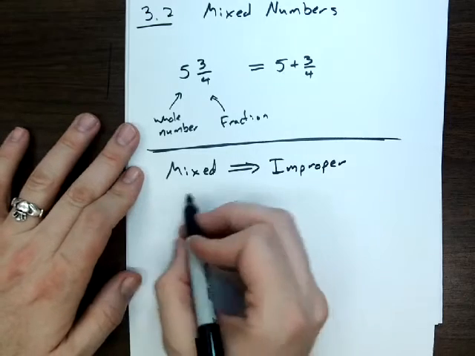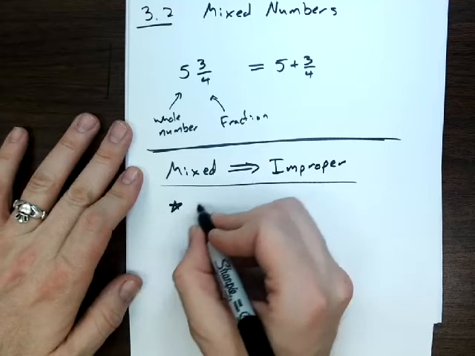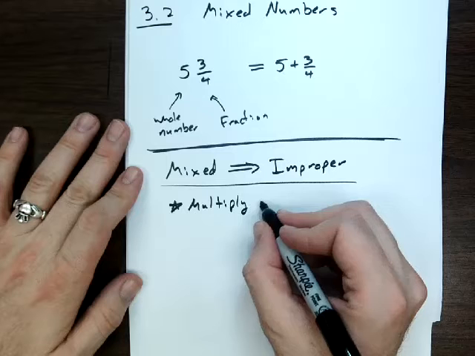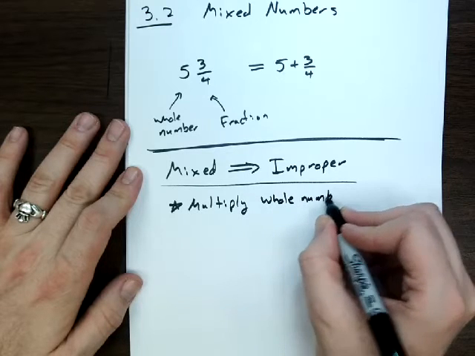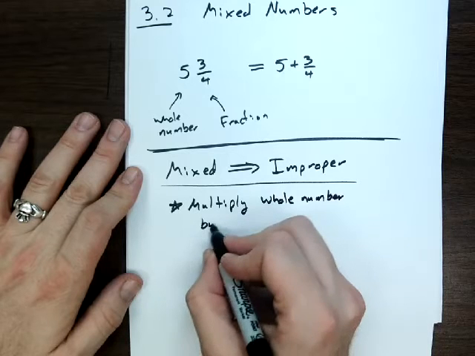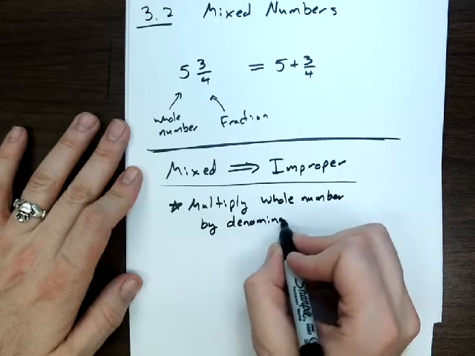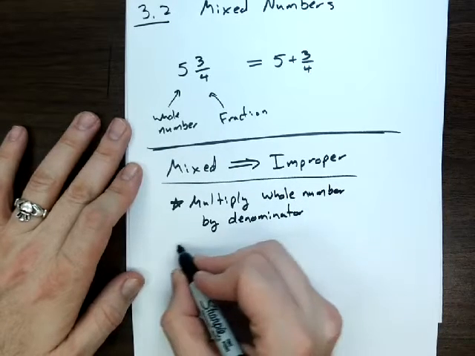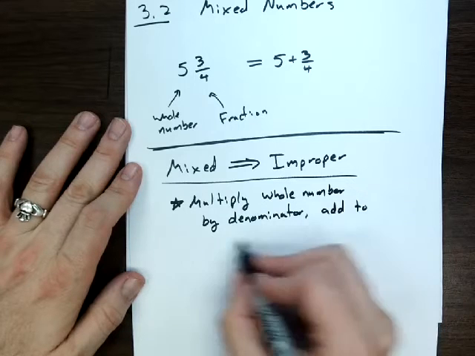But here's what we're going to do. We're going to multiply our whole number by the denominator, and then we're going to add that to the numerator.